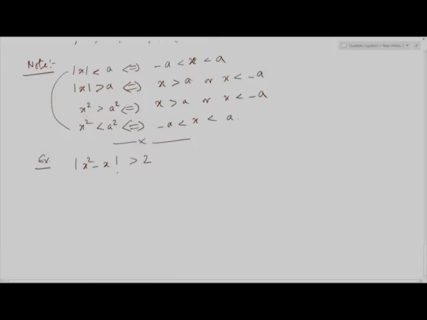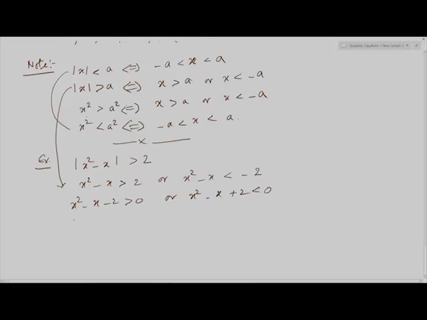Already I told you, to break the modulus, by this property, I am just writing that either x square minus x is greater than 2 or x square minus x is less than minus 2. Now it is very simple. As before, I bring it to one side. So x square minus x minus 2 greater than 0 or x square minus x plus 2 less than 0. Fine.